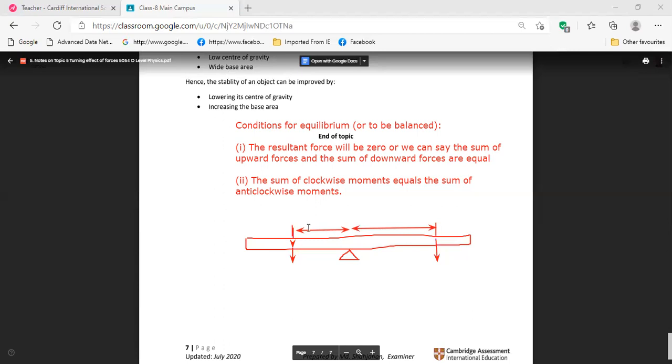So we write here, label here: this one is D1. D1 equals 0.8 meter, and here D2 equals 1.0 meter. So this one we have F1. F1, how much? F1, Anmol?